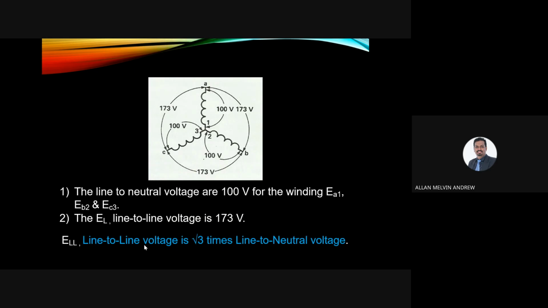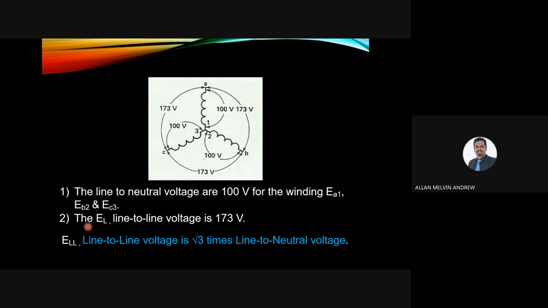Okay, so you can see here the line to neutral voltage. Neutral is here, so E1 is 100 volts, from here to here. The same for E2 and E3, all the same, 100 volts. That is line to neutral, from the outer point to the middle.